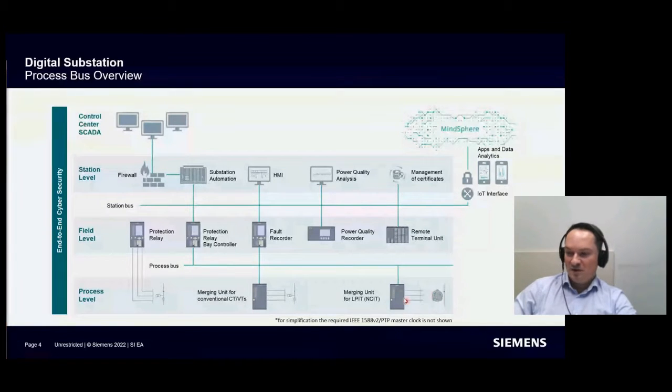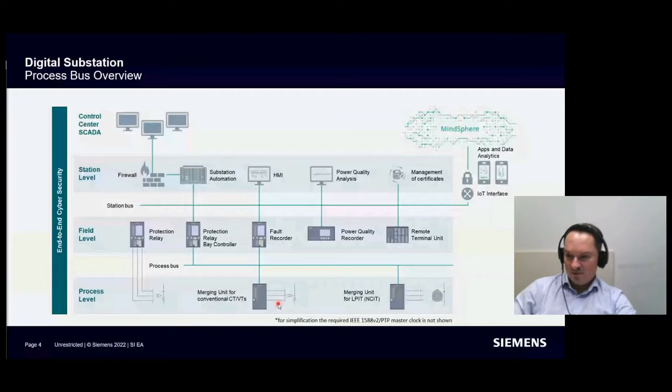Of course, the idea is to have the merging unit not in the substation control room, but, as we have a high voltage substation and want to reduce the amount of cables, as close as possible to the primary equipment. Everything else in the substation stays the same. Basically, we just introduce new technology at the process level to digitalize all those signals which we had in primary equipment.